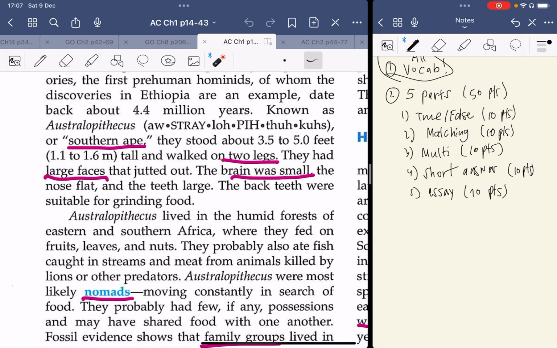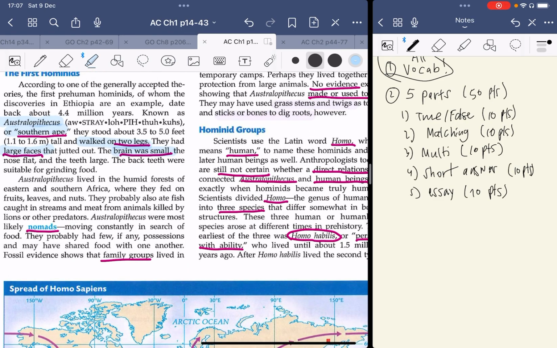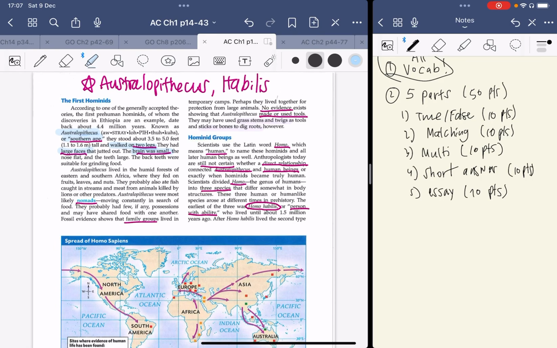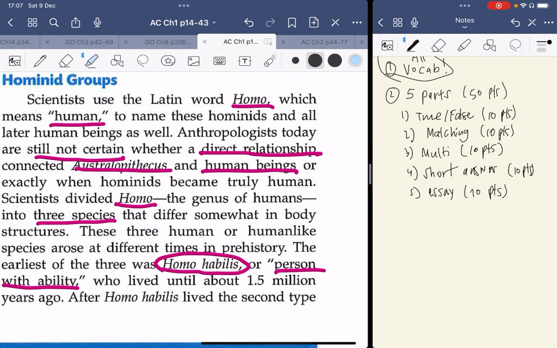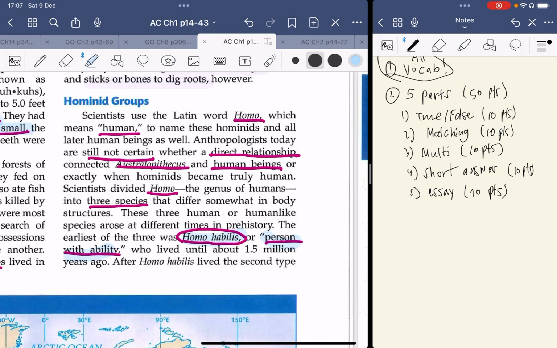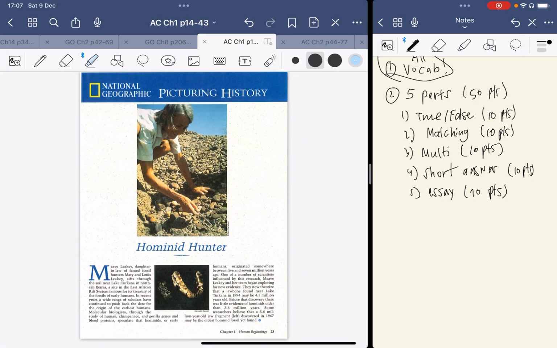So for each group of people, you need to know the basic information, like the basic details. For example, Australopithecus or southern ape, they walked on 2 legs, large face, small brain, and so on. So all of the main information for each group of people. Okay. Also for Homo habilis, people with ability, and so on. So that means we continue on, but we skip this one.